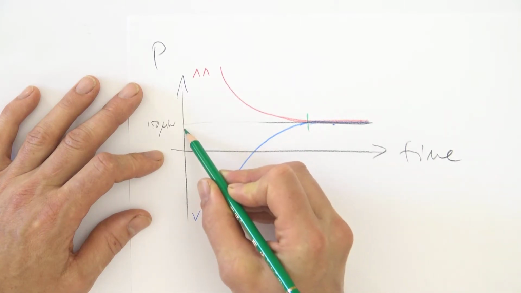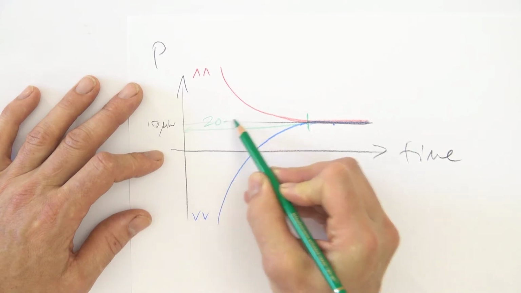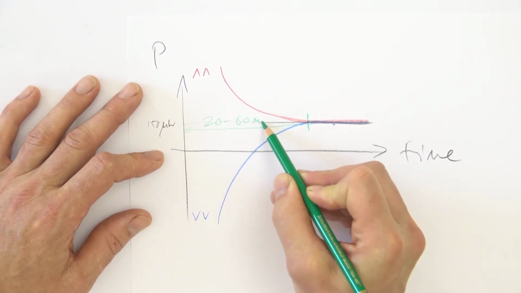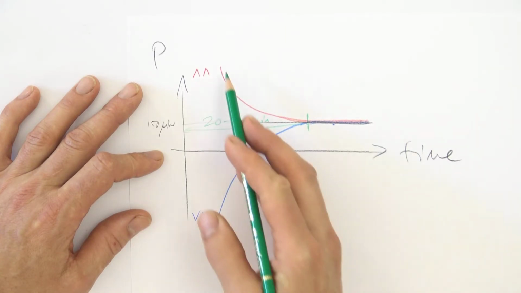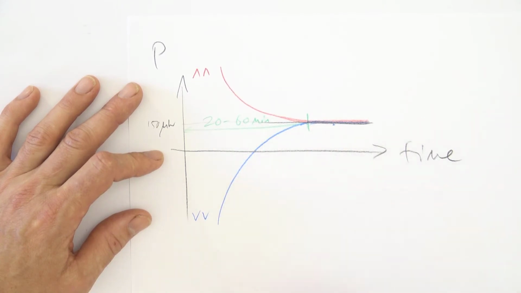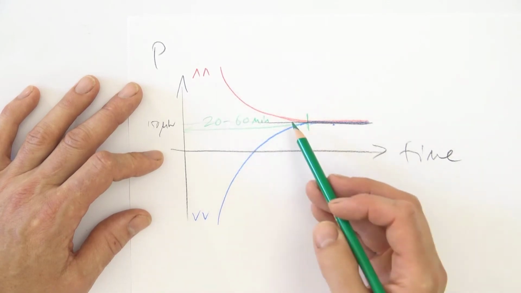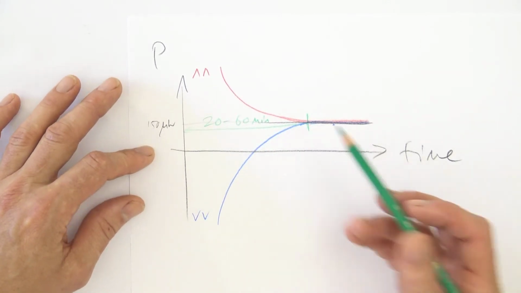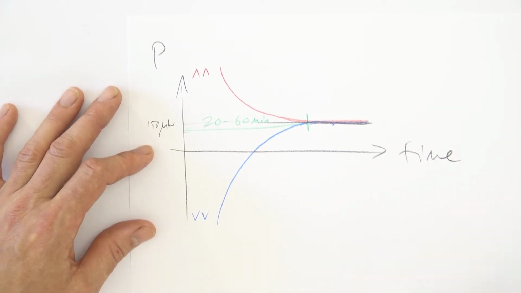And this time is typically 20 to 60 minutes. Before this, we have these exponential decays plus the thermal power of the sample. But remember, these exponential decays are just artifacts. They are apparent thermal powers, not true thermal powers from the sample.